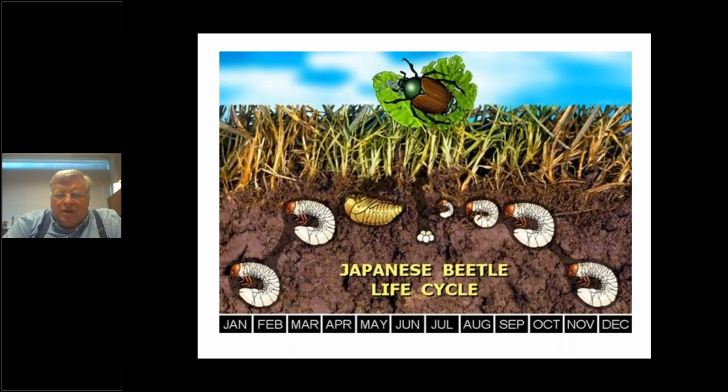This may vary a little bit as far as the months, depending on where you live, but you know when they emerge. But they spend practically all their life feeding on the roots of turf grass. And so most of their time they are underground, and they just emerge as adults to feed, mate, lay eggs, and then they're gone. So they go about as quick as they come.